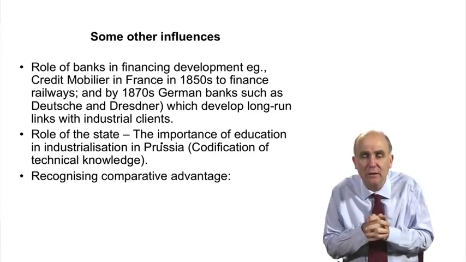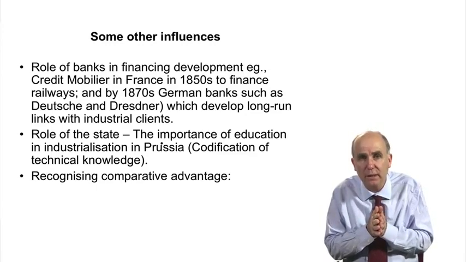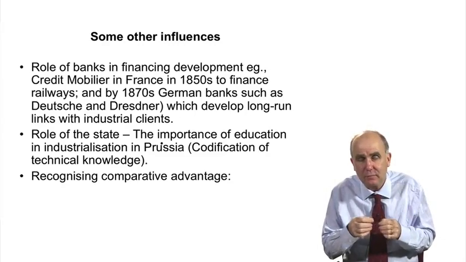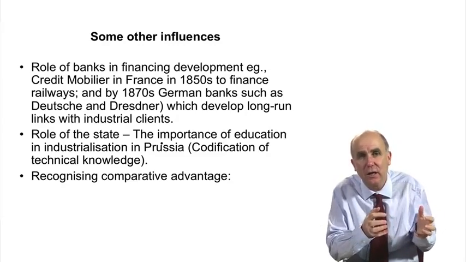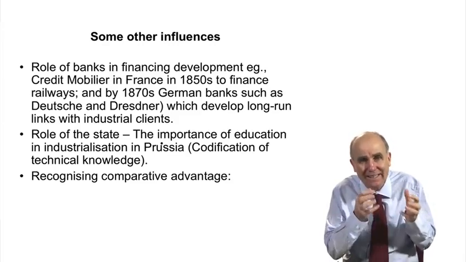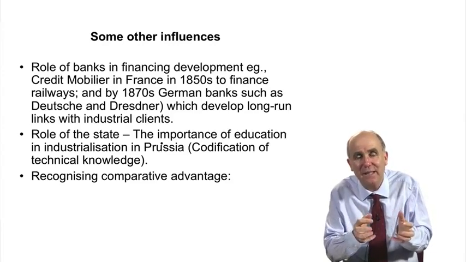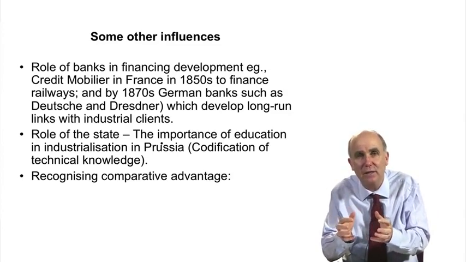You also have, at least in some regards, a quite important role for the state in European industrialisation. One example of which is after the industrialisation of Britain has occurred, a lot of the knowledge of that industrialisation, particularly the technical knowledge, begins to get codified and written down in various ways.